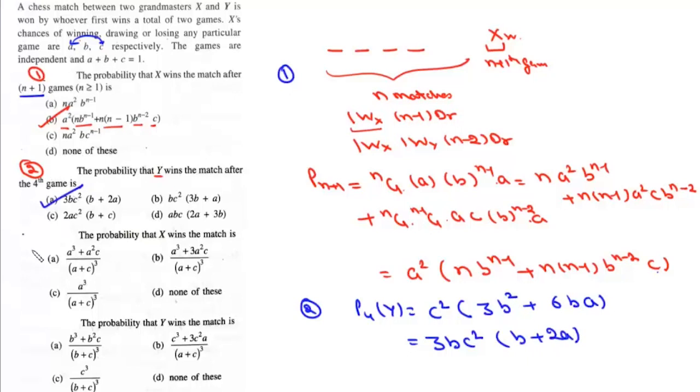Now we look at option 3. Option 3 is the probability that X wins the match.